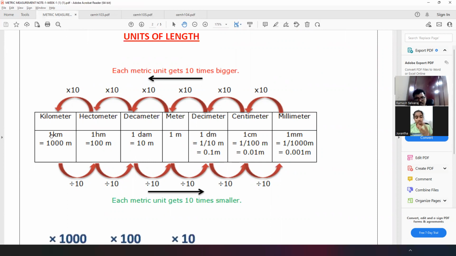Millimeter is this much, kilometer is this much. Yes, millimeter is smaller, but kilometer is larger because we are telling it's 1,000 times. 1,000 millimeter is 1 kilometer. That's correct. You see, 1,000.